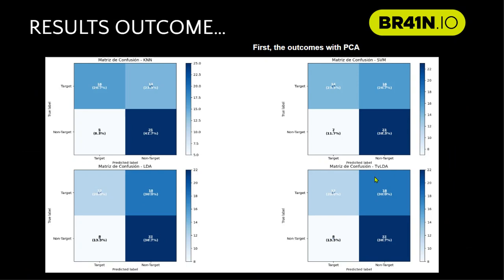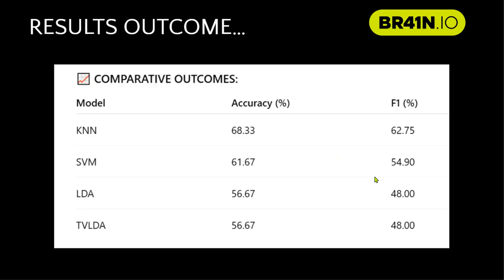Here we are presenting our confusion matrices for the outcomes with PCA. We also compare the accuracy. It's also important to say that our dataset was unbalanced because we had a different amount of values for our outputs.